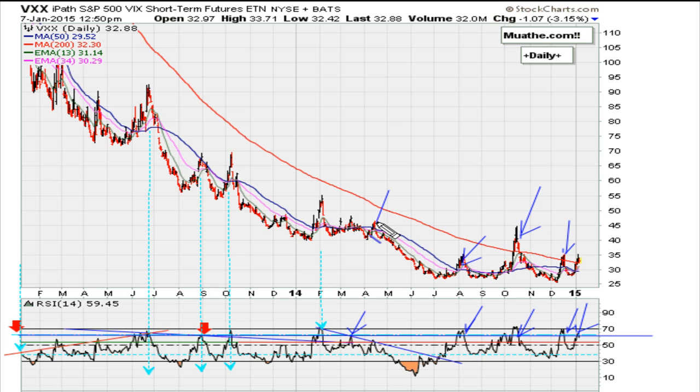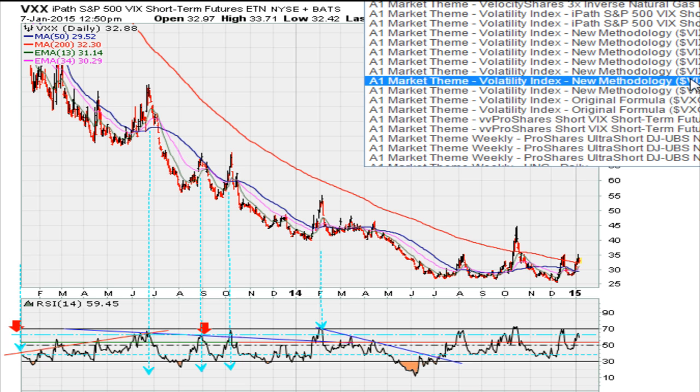All of them, without fail. So we have to assume, without being emotional about this situation, that this market is telling us that this is where the VIX struggles and the general market comes back in play. Very important distinction there. So we have to be careful with our long positions.